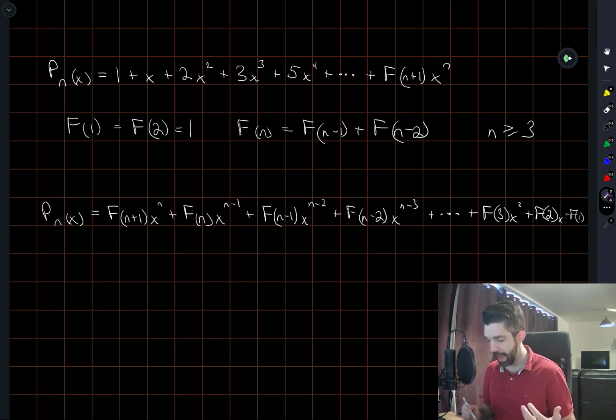Whether n is even or odd will dictate whether I have to group these two terms together, with the constant term, which is just equal to 1, on its own, or whether both of these terms at the end can get paired together. So I'll break this up into two cases, whether n is even or n is odd.